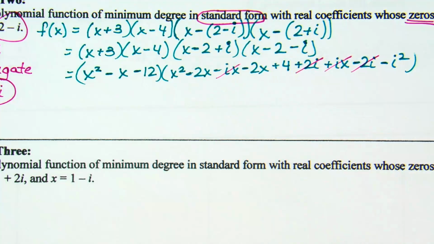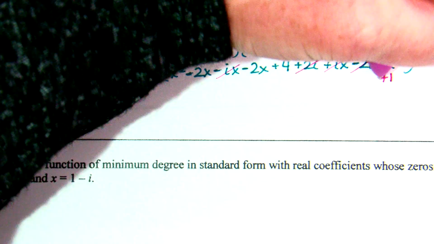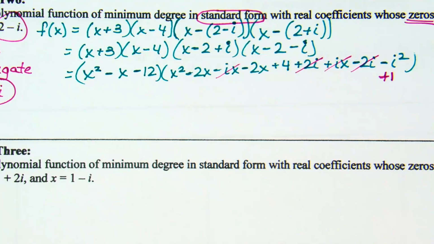And what do you know about minus i squared? It's the same thing as saying positive 1, correct? So, Jace made the comment, all the i's cancel. All our regular i's cancel, and our i squared can become a plus 1. Well, i squared is negative 1, so minus i squared is minus negative 1.